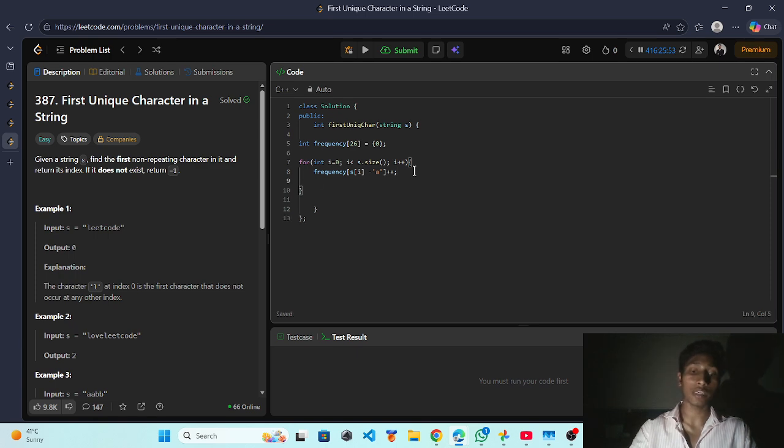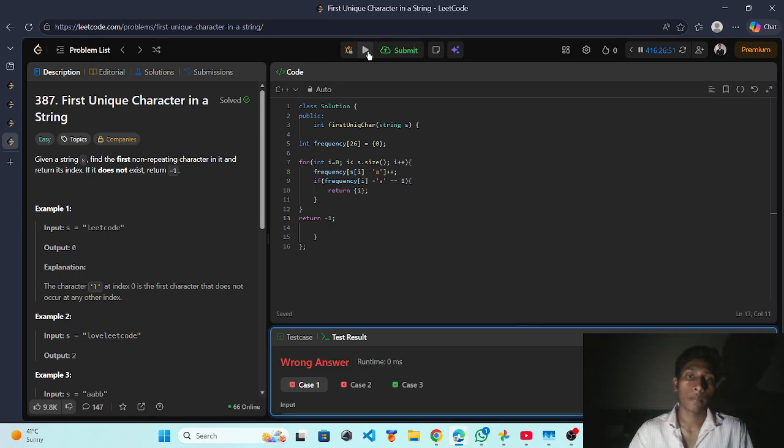After that we write a condition: if frequency of s[i] minus 'a' is equal to 1, then we return i, the index of that first character that is present in the string only one time. Otherwise we have to return -1.